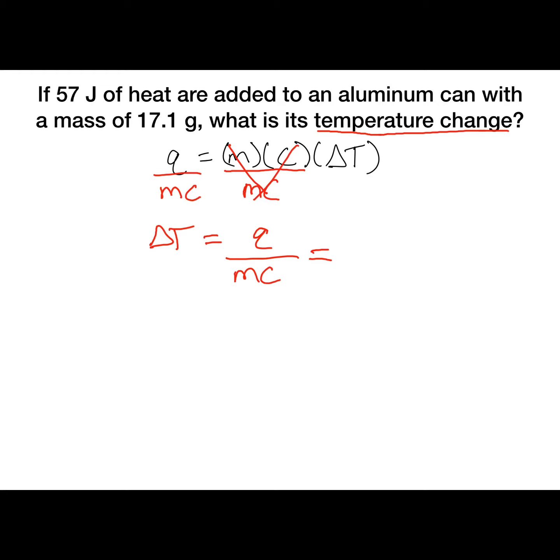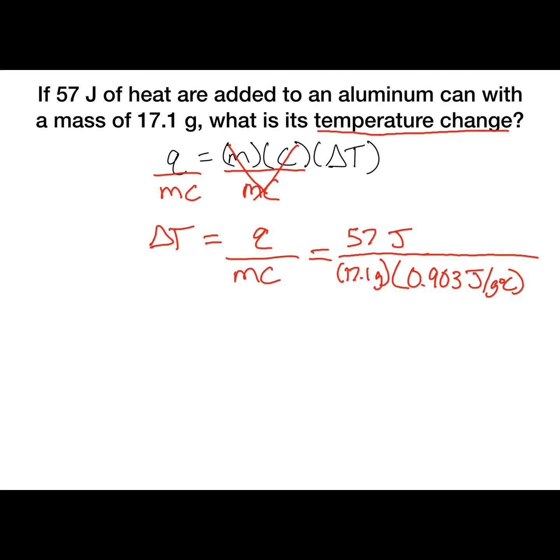Now all we need to do is add our variables in. So delta T is equal to 57 joules divided by our mass of 17.1 grams times our specific heat capacity of aluminum, which, if you look in your textbook, is 0.903 joules per gram degree Celsius.